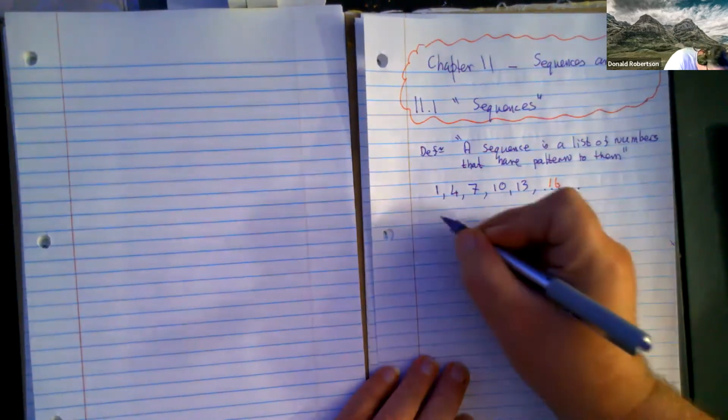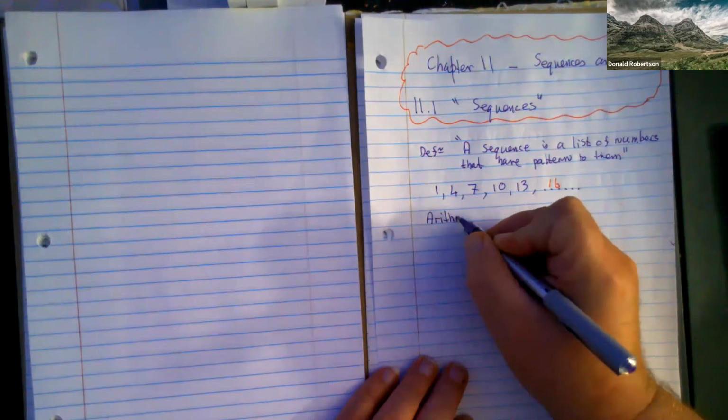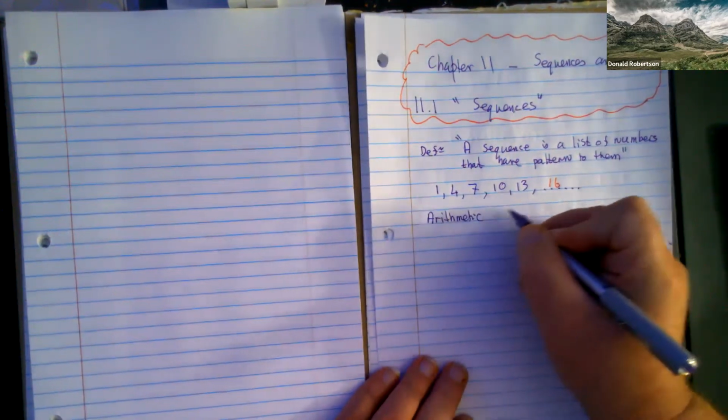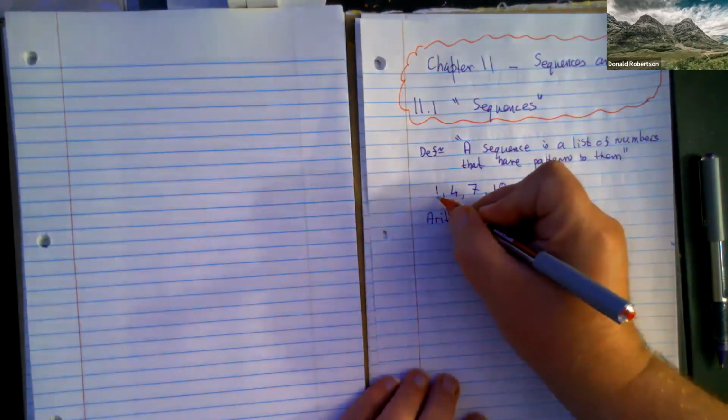This particular sequence has a name. It's called an arithmetic sequence. When there is a family of sequences that have a certain structure to them, they very often get names. What's the structure here is you can start with any number you like.